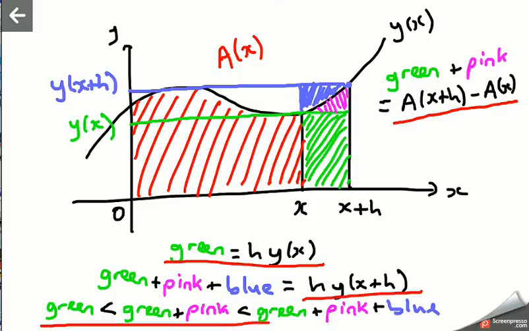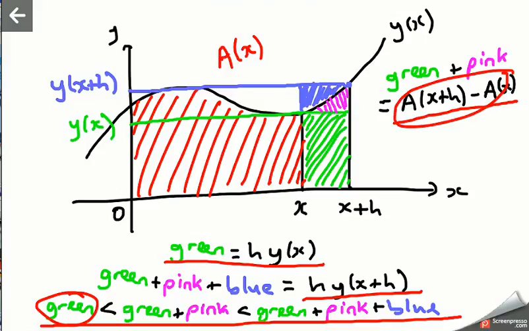In other words, what this inequality at the bottom is saying is that h times y of x, the green area, is less than A of x plus h minus A of x, the green plus pink area, which is less than h times y of x plus h, which is the green area plus the pink area plus the blue area. Let's go ahead and write that down.